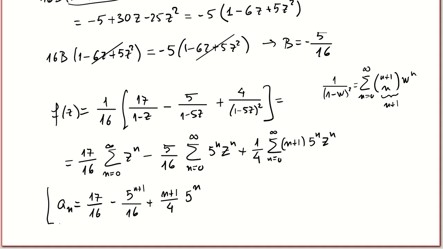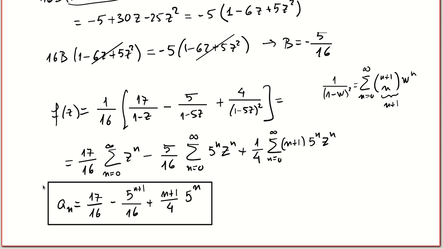Okay, this is the final solution for the coefficients of this recurrence here. It's a bit more complicated. I mean, not complicated, but it takes longer to figure it out. But the result can be obtained just as in the other cases, right?